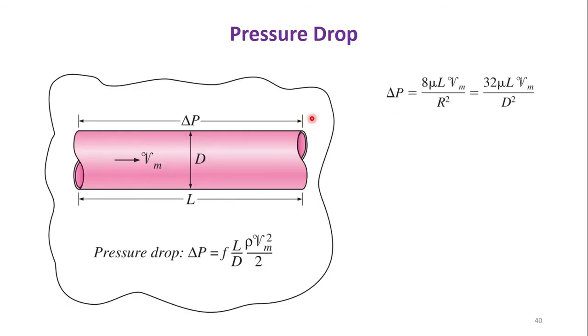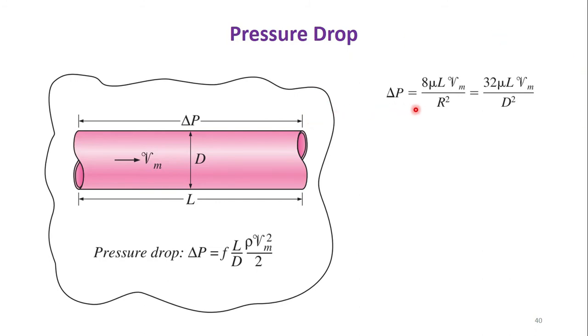Now let's discuss the pressure drop. It is a quantity of interest in the analysis of tube flow. The main thing is the pressure drop, which is delta P, right?